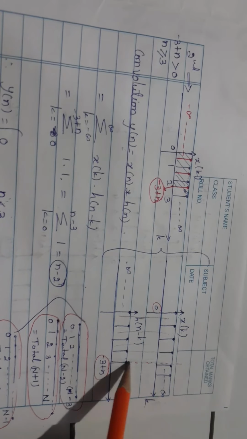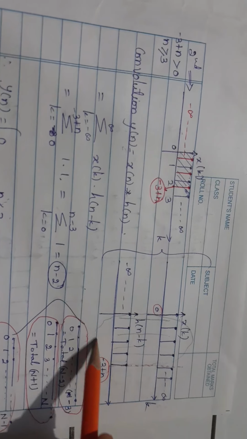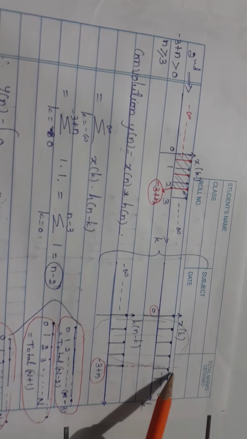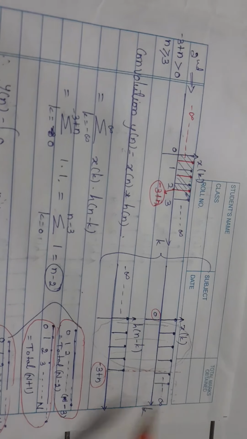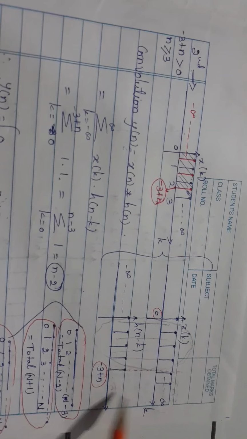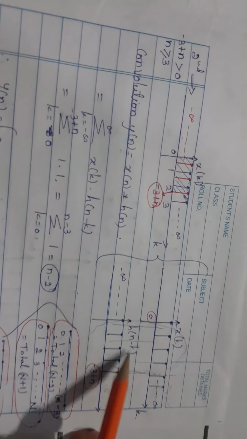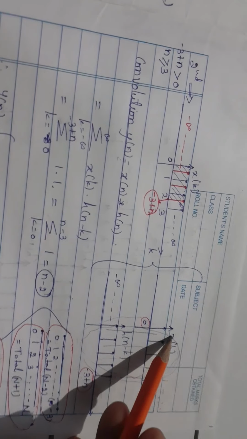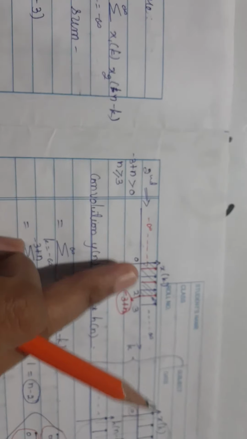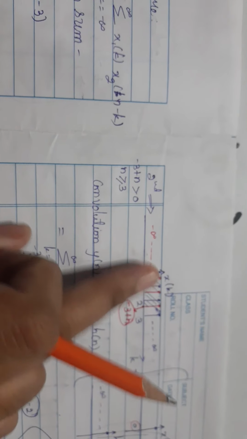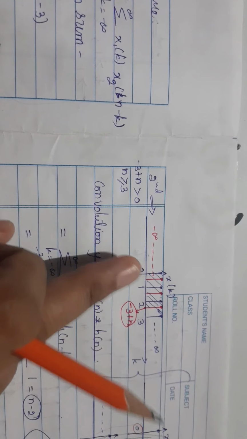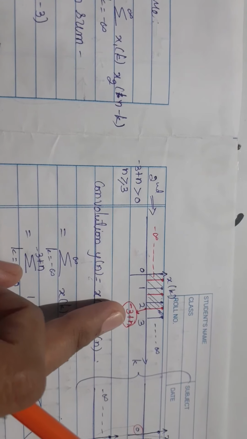Till this the product exists, right? And after this, even though this signal exists, the second signal is not there, 0 multiplied by some value. So only between 0 to -3 plus n your product exists. In a single plane I have drawn both the signals and shown you the shaded part indicating the multiplication exists between 0 to minus 3 plus n.